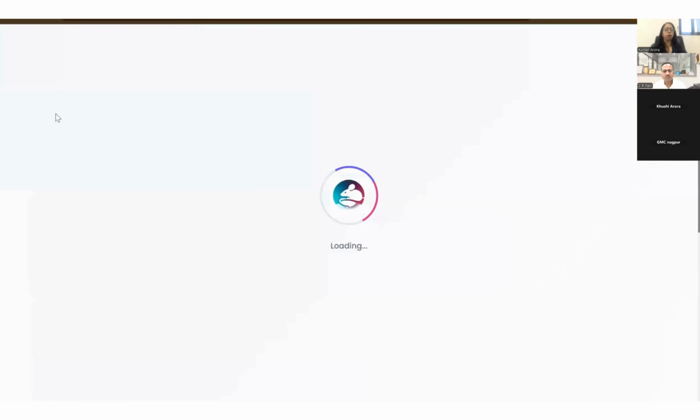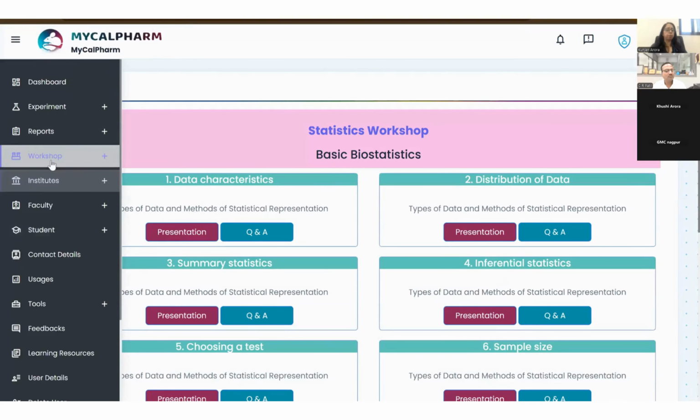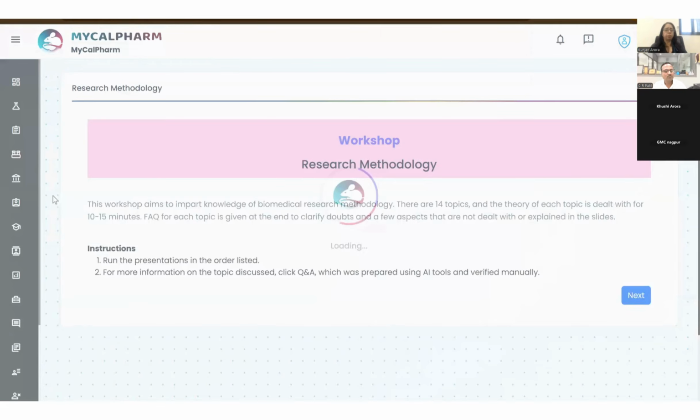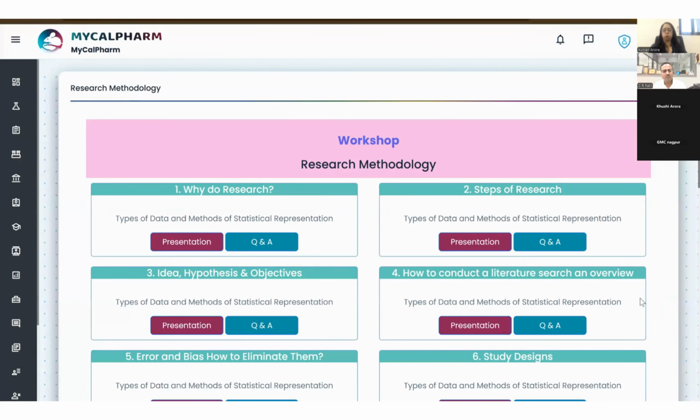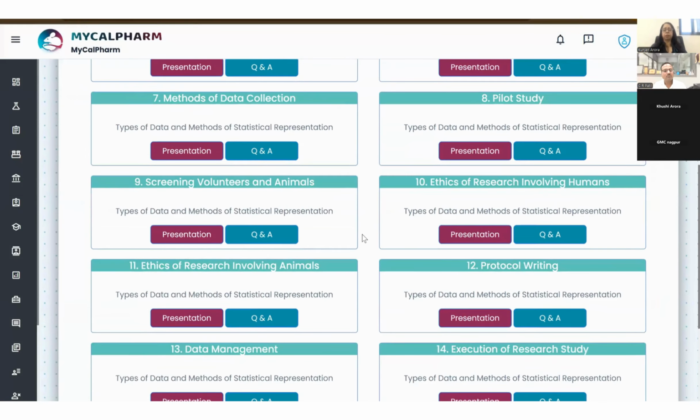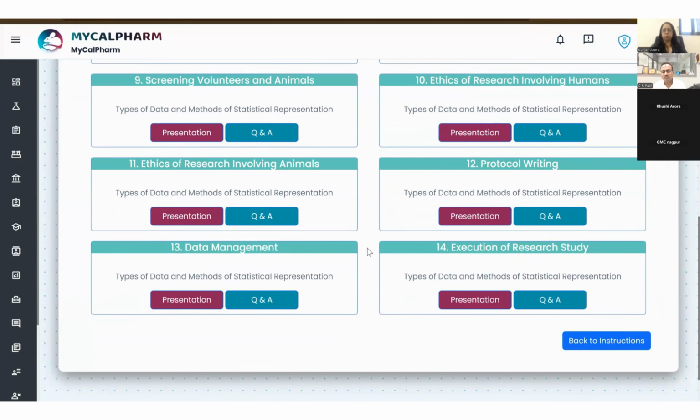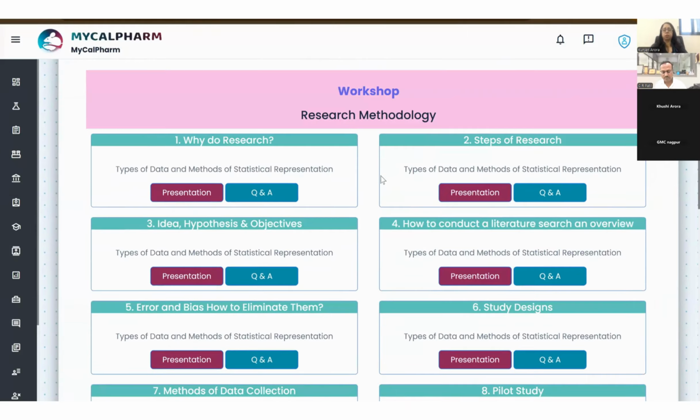Similarly, we have another workshop, which is the research methodology workshop. You can see here everything we have just covered. Similarly, all the protocol writing, data management, execution of the research study, steps of research, everything has been covered here.